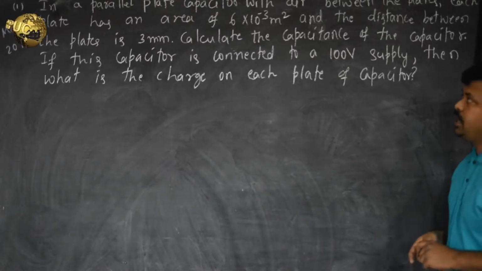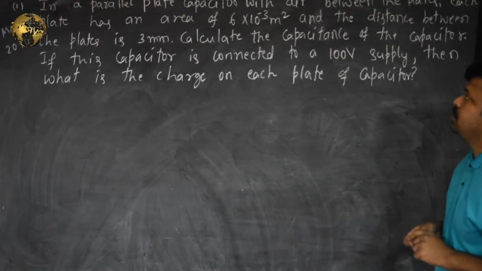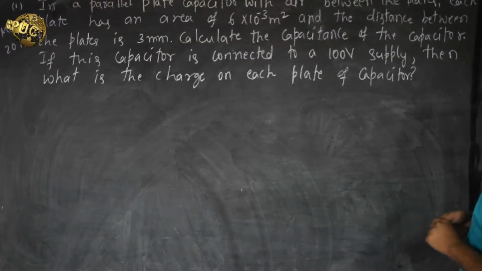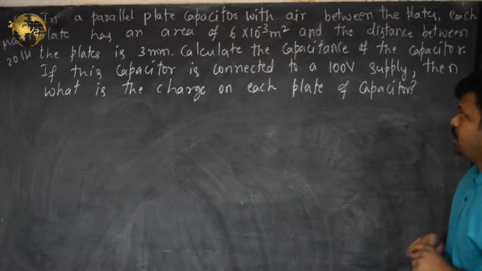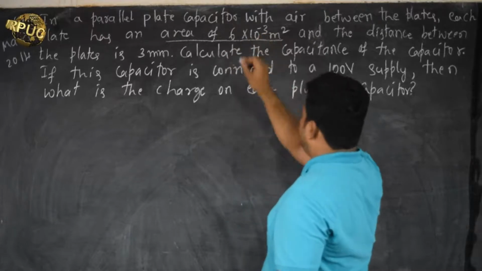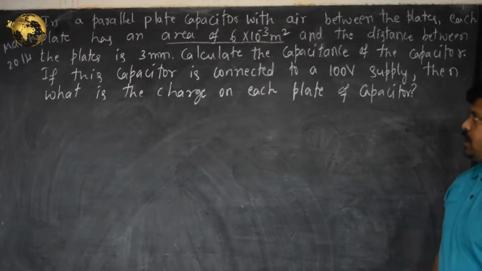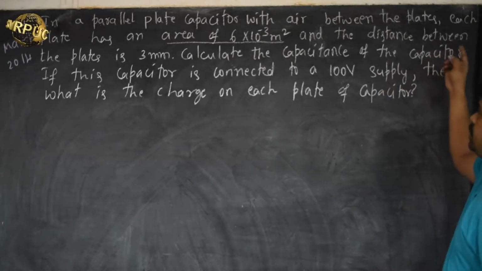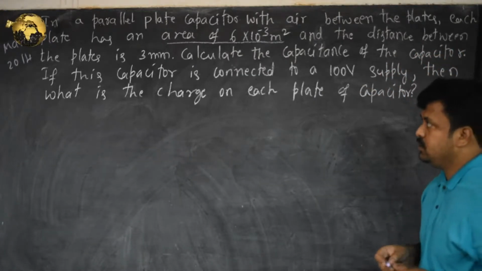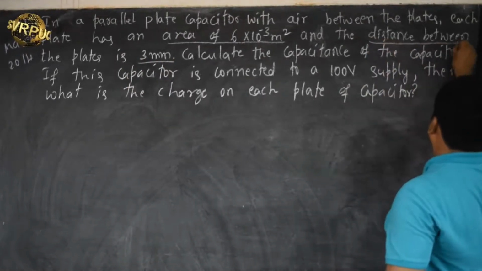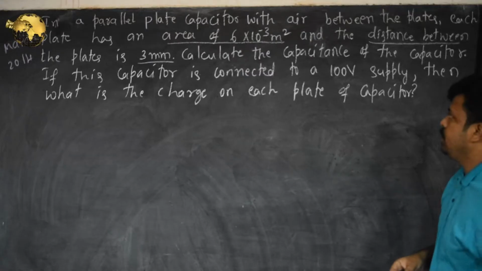It says, in a parallel plate capacitor with air between the plates, each plate has an area of 6 into 10 to the power minus 3 meter square, and the distance between the plates is 3 millimeter.